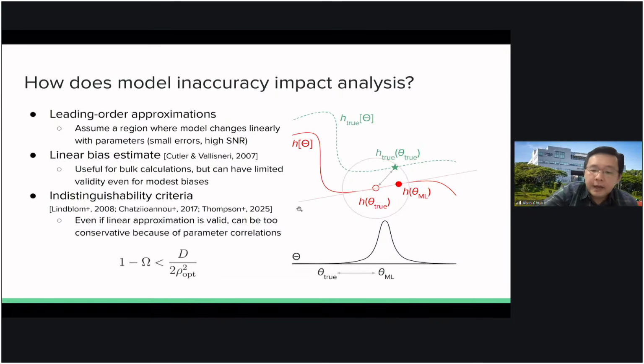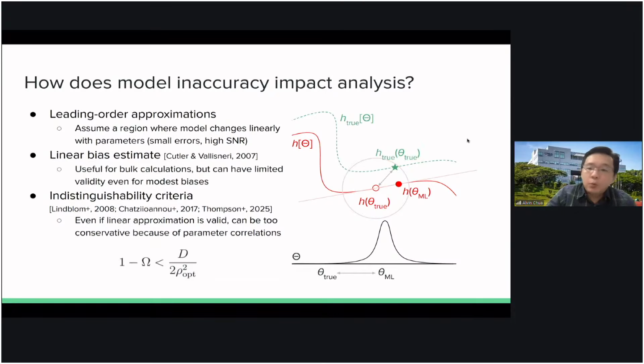Say you're looking at this red circle as the region. This is essentially equivalent to assuming that you're in the regime where your model errors are small and also your SNR is high.